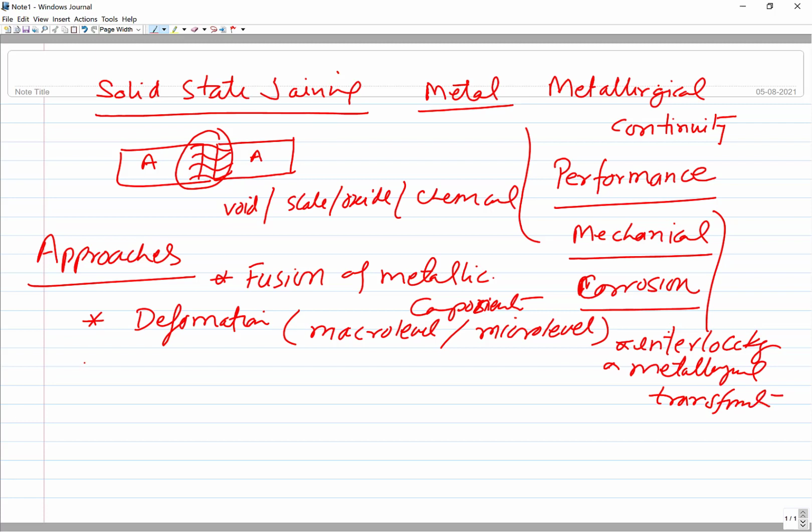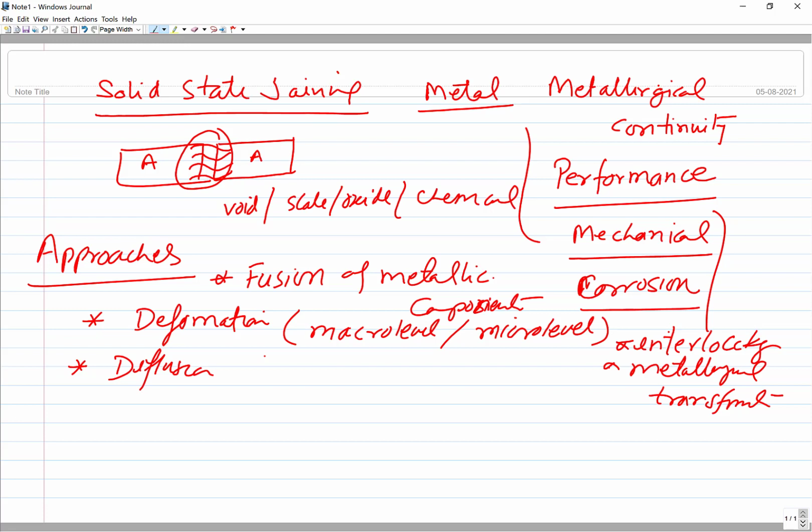The third approach is one we use very commonly. If we are not relying much on fusion or deformation, then let us go with diffusion. Just clean the two metallic pieces perfectly, smoothen them and put them at room temperature.